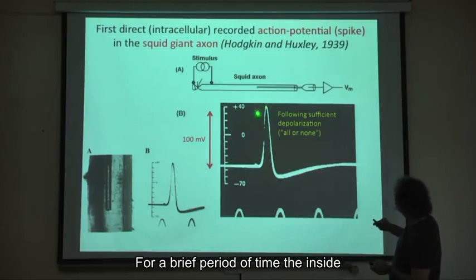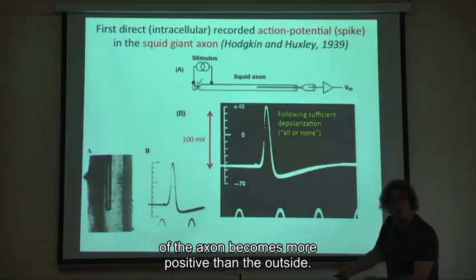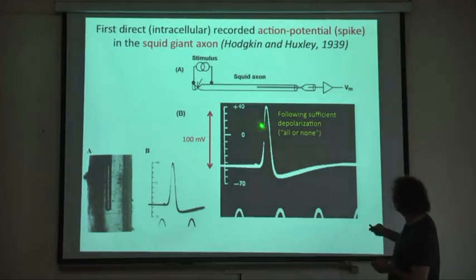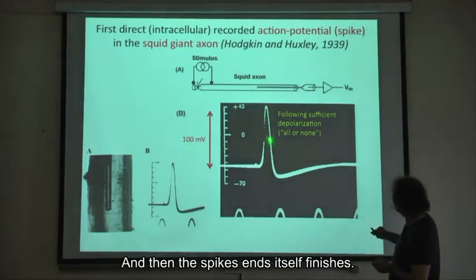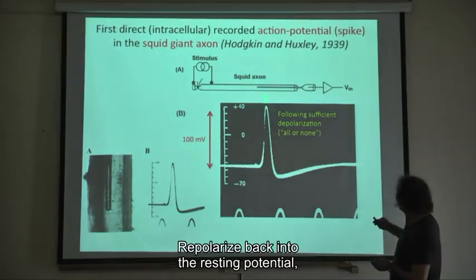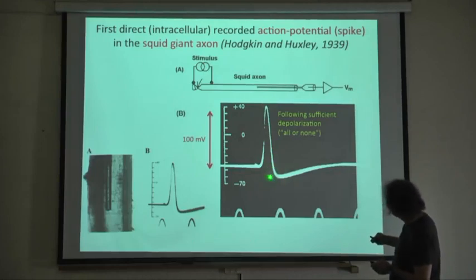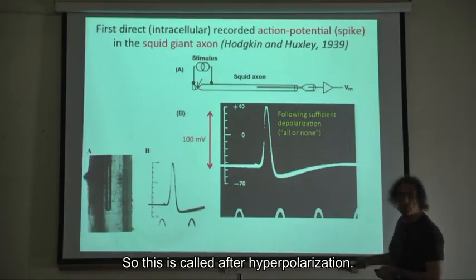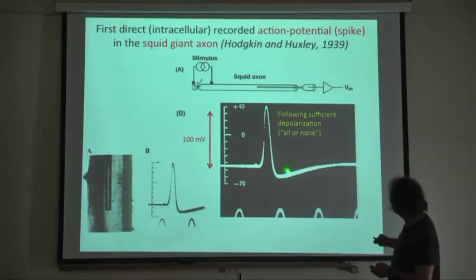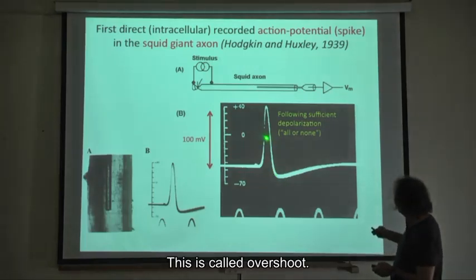Remember, the resting potential is more negative inside than outside, and suddenly the spike reverses. For a brief period of time, the inside of the axon becomes more positive than the outside, and then the spike ends itself, finishes, repolarizes back to the resting potential, even below the resting potential. So this is called after hyperpolarization. This is called overshoot.